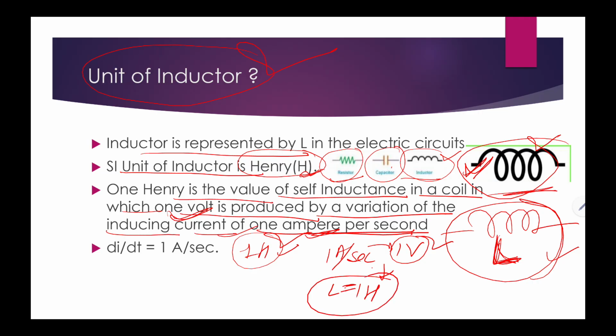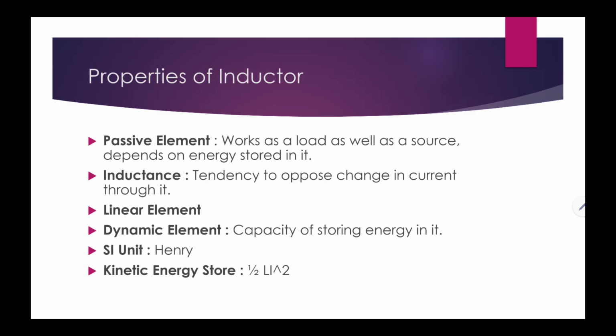So it is as simple as that. We put the value of current and time, 1 ampere in 1 second, and the voltage will also be 1 which generates, and the inductance will be 1 Henry. Fine. So this is the basic definition of 1 Henry, the SI unit, and the representation of inductor. We'll move to the next slide.